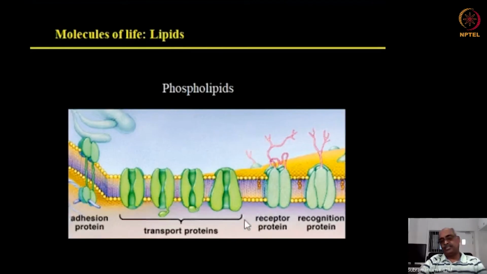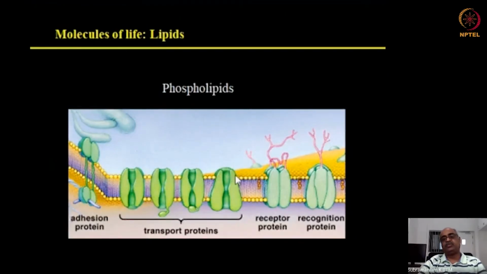So in this manner, phospholipids help in compartmentalizing aqueous environments, but at the same time, the compartmentalization comes from the two acyl groups here. At the same time, they are in talking terms with these aqueous environments.